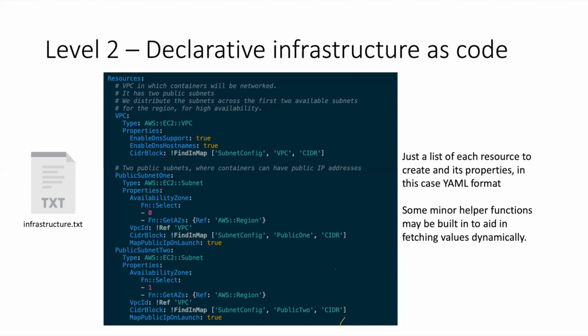And the infrastructure as code provider, in this case CloudFormation, is responsible for taking this description of what you want to create and turning that into a reality by making API calls. And you can see there are some more sophisticated methods in here, like functions called find and map, ref, things like that. So you have some capability to add a little bit of smarts in here, but it's clear that there's not a whole lot of complexity in here for what you can do.